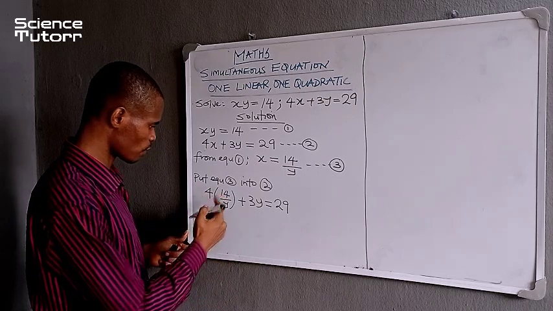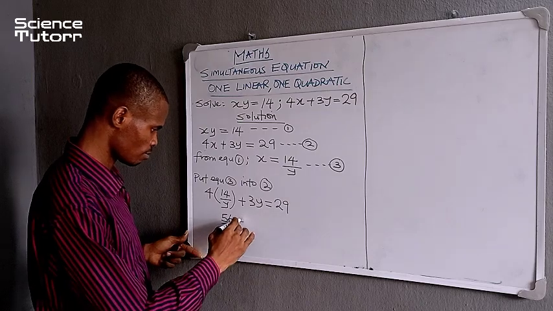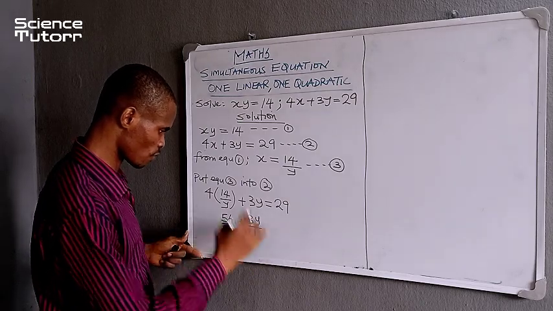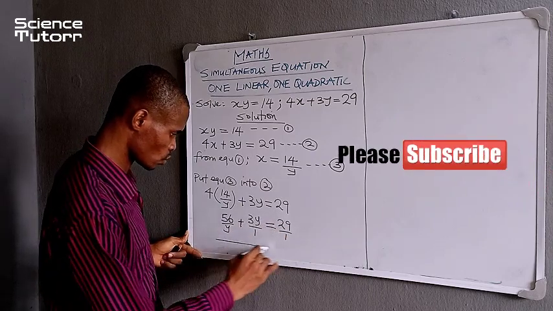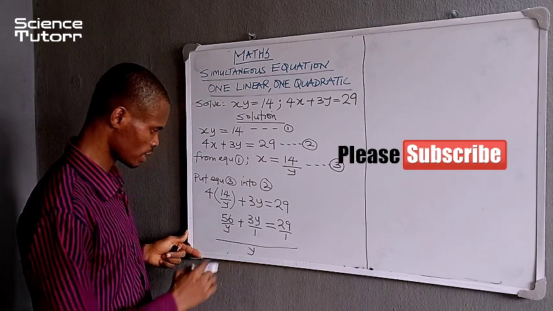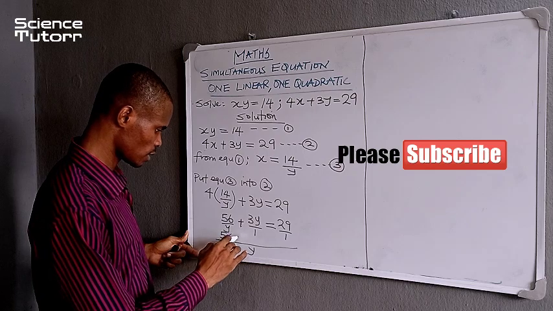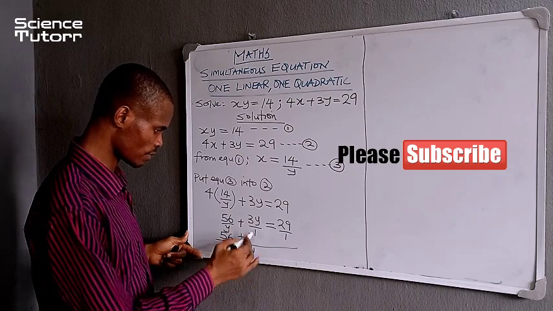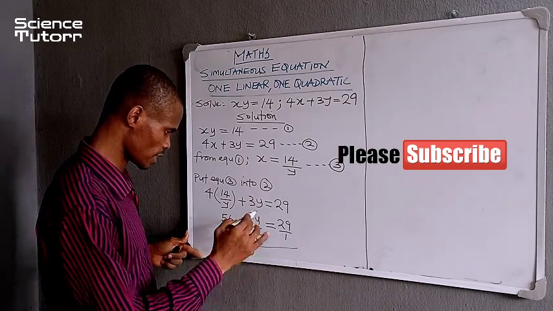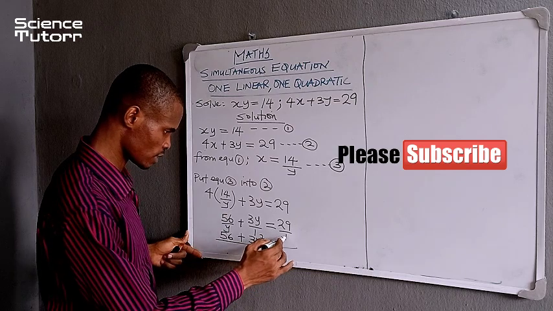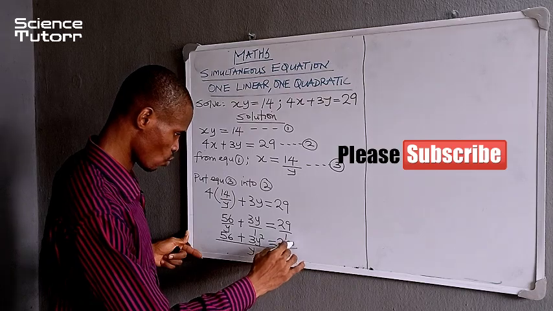So we have 4 times 14, which gives us 56 over y plus 3y. This is more of like over 1, which is equal to 29 over 1. In order to clear the fraction, LCM is y. So this times this cancels. So we are left with 56 plus this y divided by 1 is y times 3y gives us 3y squared, equals y divided 1 is y times 29, we have 29y.